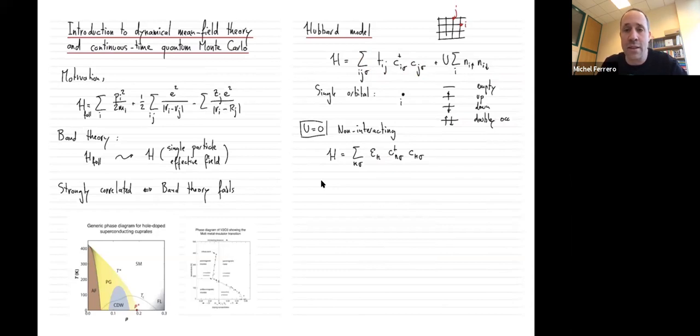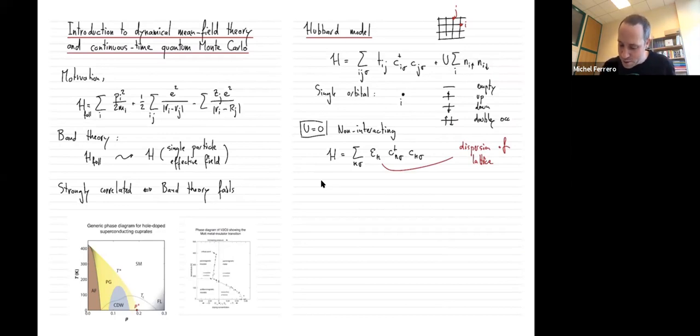So it depends on the details of the hopping amplitudes here and the structure of the lattice, but it's something that is in general easy to compute. And that's nothing but, if you want, band theory in its simplest version. So that guy here, if you want, is the dispersion of the lattice. Okay, so that's one limit which is quite easy.